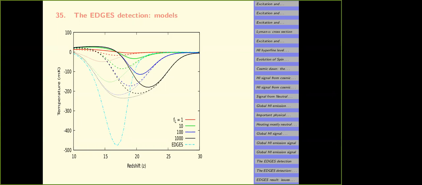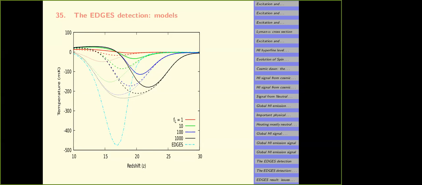A physical limit would be something that is not possible. All of these models are possible. So I will not say that it is saying that formation of structures is early, at redshift 30. All of these are possible models, not ruled out by any other principle.